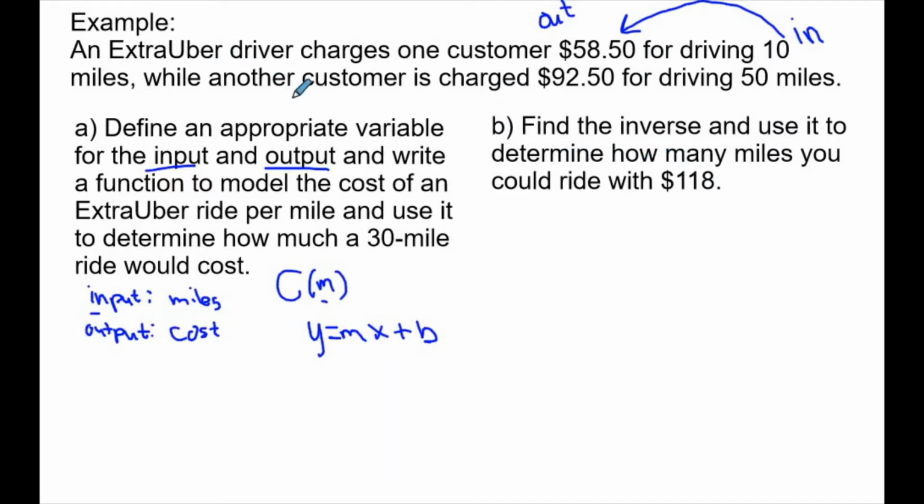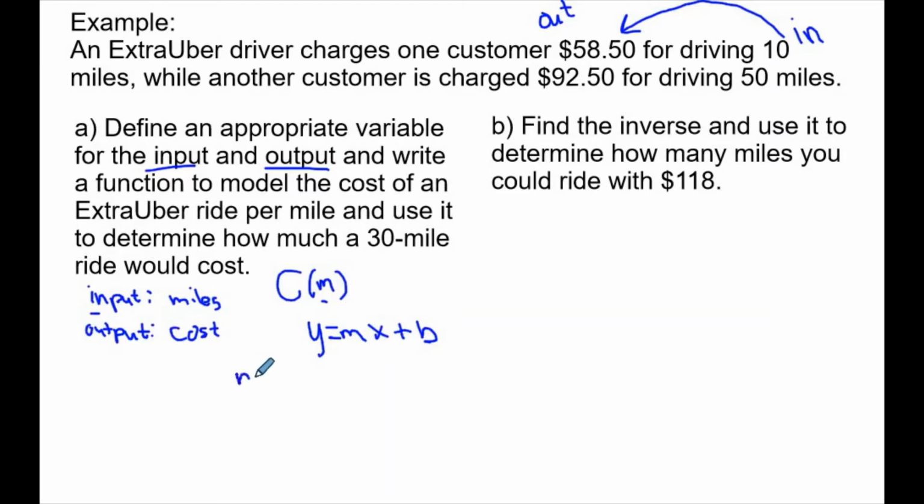If I said that the Uber driver is charging $1.25 per mile, per 1 mile, that would be my slope. I don't have that. I have a ratio of different things happening. Also, if they told me the initial cost, if it said the extra Uber driver is going to charge you $25 to start the ride, that would be my b, or my initial value. I have neither of those, so I've got to start by finding the slope.